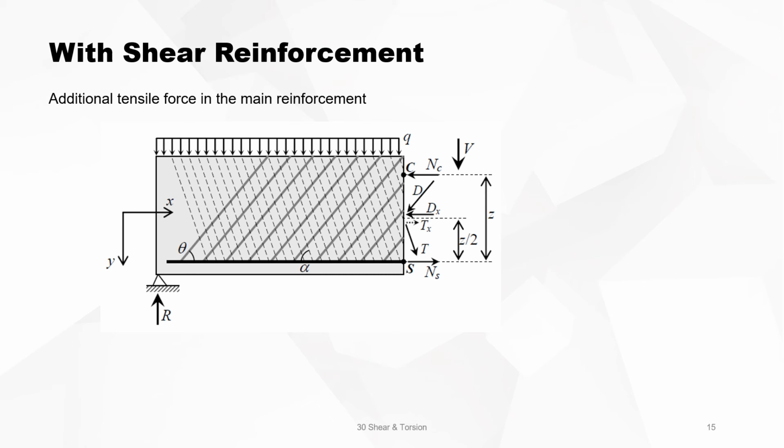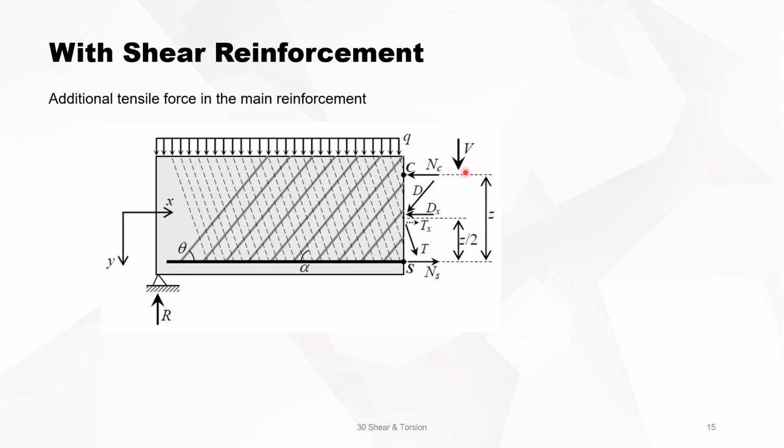Remember that we are working with a truss system. We have already seen the tension in the stirrups. We have seen the compression in the compression strut, and there is one element left, which is the tension in the longitudinal direction. Because of that truss model, we know that there will be a tension force in the longitudinal reinforcement.